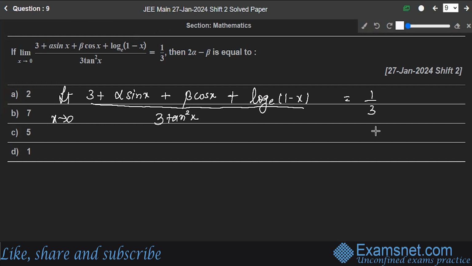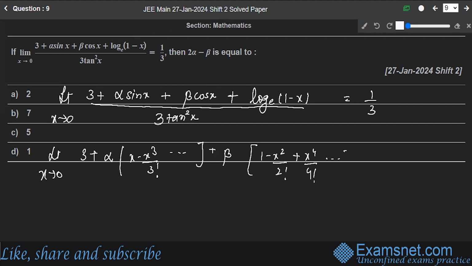Let's open up, sin x, I'm filling the values and expanding sin x, cos x and log functions. Limit x approaching 0, this will be 3 plus alpha into x minus x power 3 upon 3 factorial, and so on, beta into 1 minus x square upon 2 factorial, plus x power 4 upon 4 factorial, and so on, plus this is log 1 minus x.